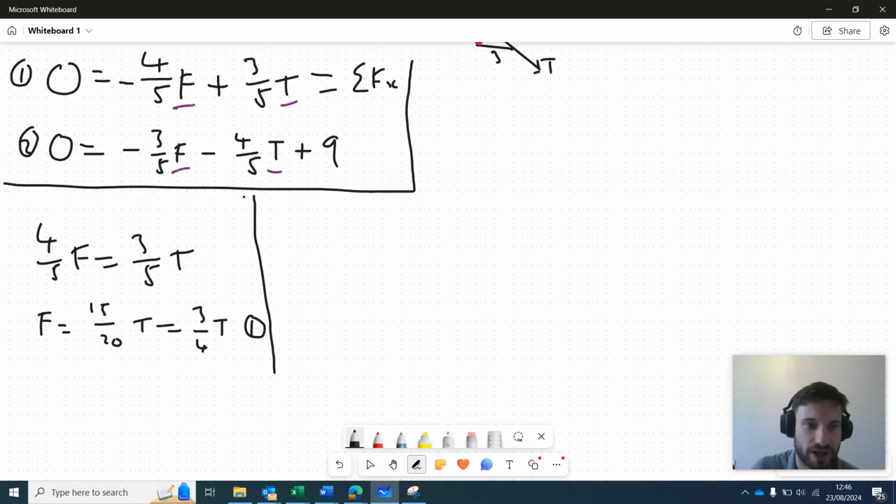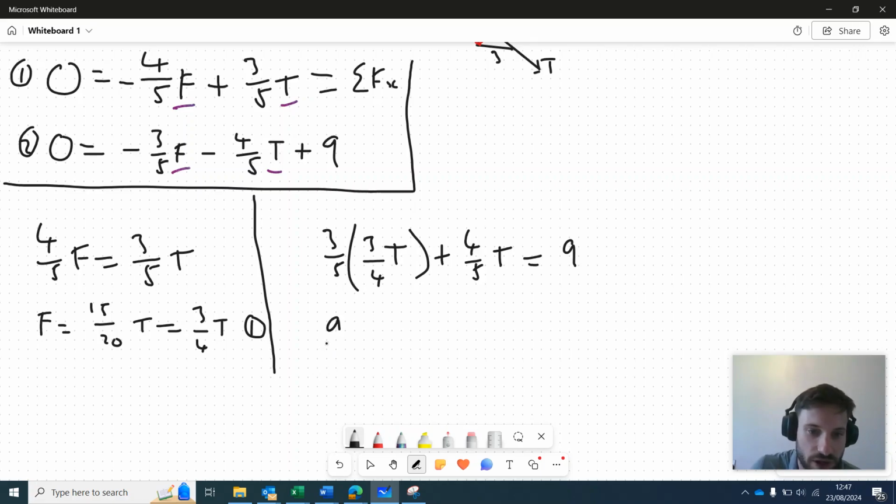I can then move this 3/5 F and 4/5 T term to the left-hand side implicitly here. And I'm going to say that 3/5 of 3/4 T, so I've substituted this 3/4 T in for my F here, plus 4/5 T equals 9.